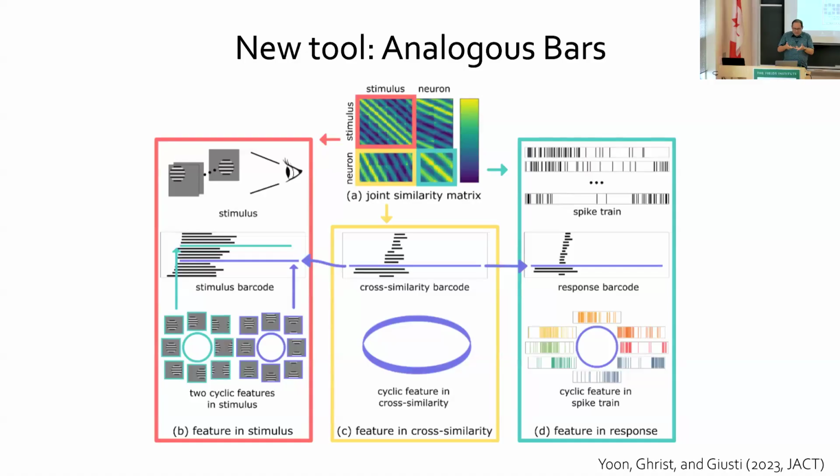I take that joint similarity, the cross similarity matrix between the two, and I can construct a new simplicial complex using the same persistent homology kind of tools. It's a little bit different than the one used for the individual, but what it does is it tells you, when you sew it all together, again, technical details under the rug, happy to take you through them later, it gives you a way to sort of slide a cyclic feature or a topological feature on one side over into the other system.